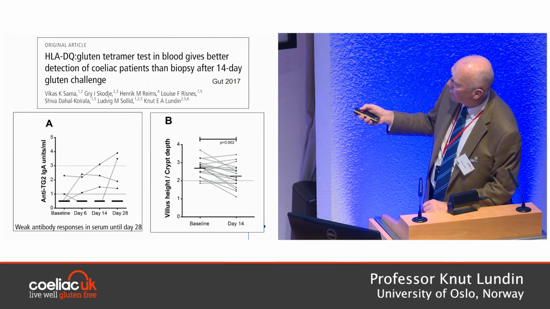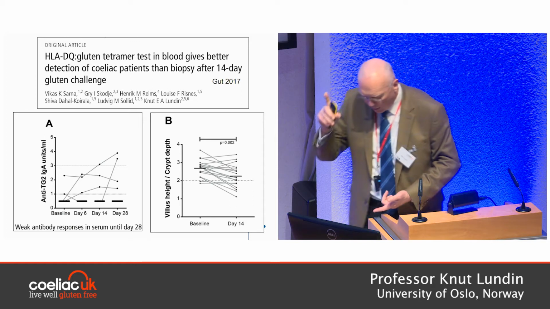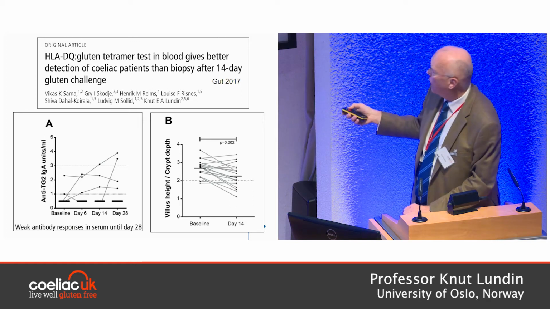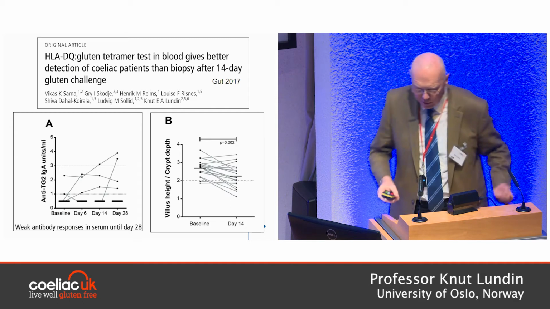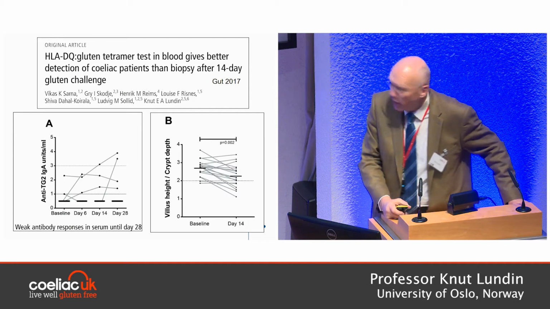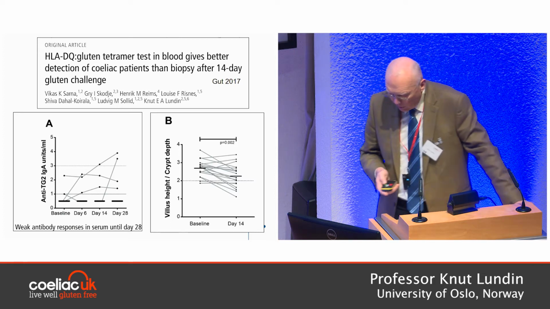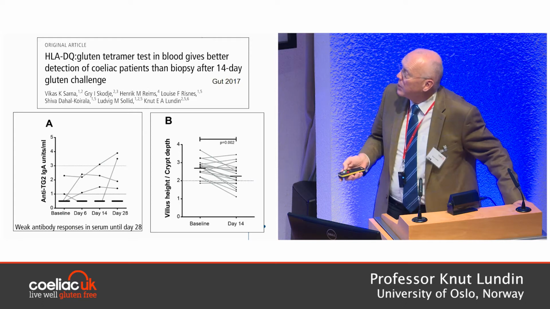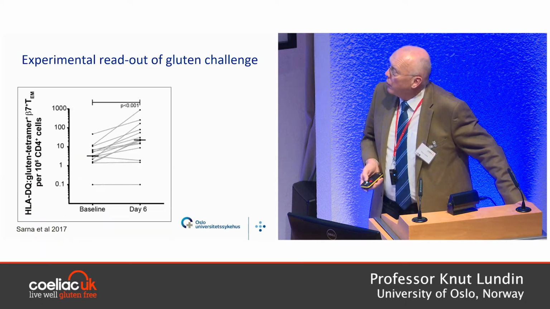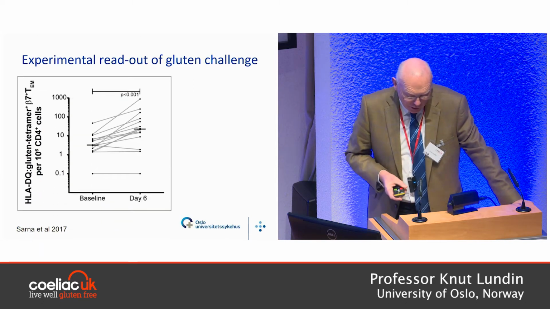Treated celiacs in our society have long, fine villi. After 2 weeks with gluten, it does go down, but it's not very impressive, and it's not the best diagnostic method to prove celiac disease. So we used our tetramers.